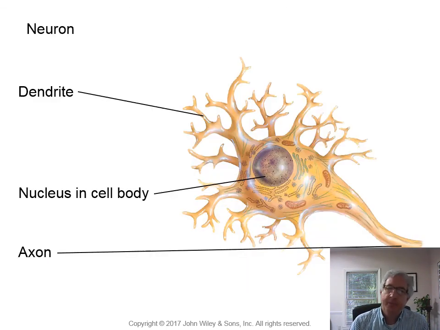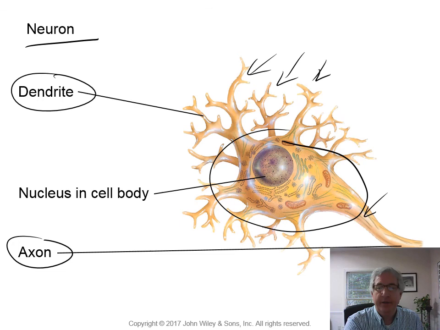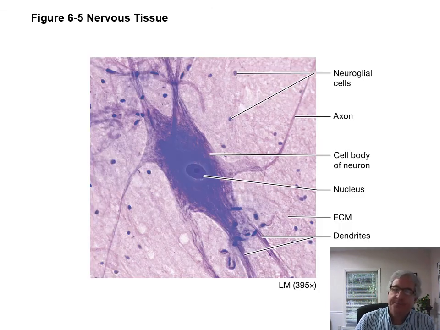Next slide. So here's another picture of a neuron. Here are dendrites, and here's an axon. This is the axon down here. These are dendrites here, and the cell body there. Next slide.